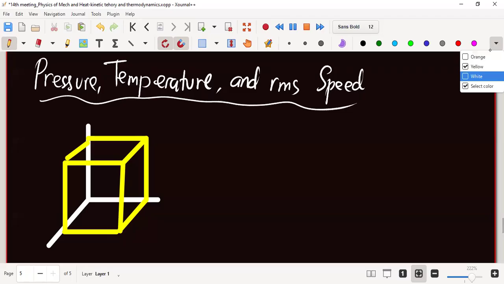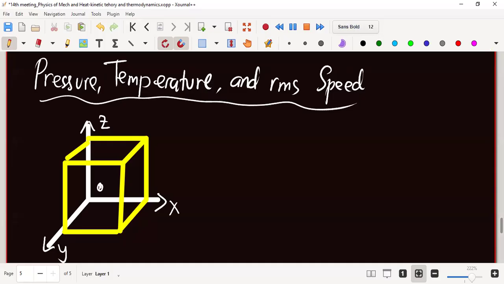For example, this one is the x-axis, y-axis, and z-axis. Consider there is a gas inside the box. There is one molecule or one atom of gas. It has mass, and it has a speed or velocity.